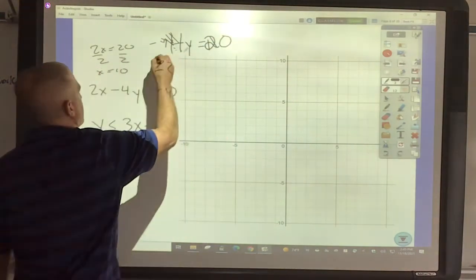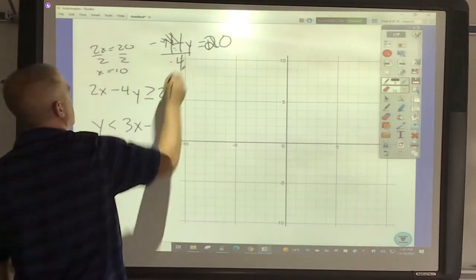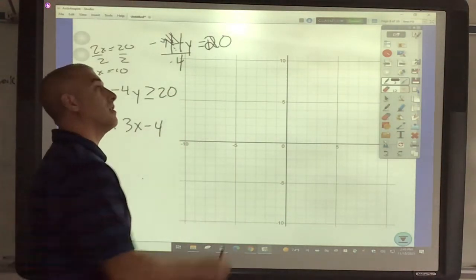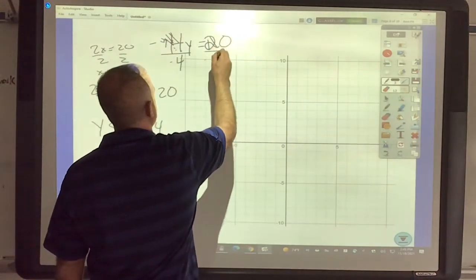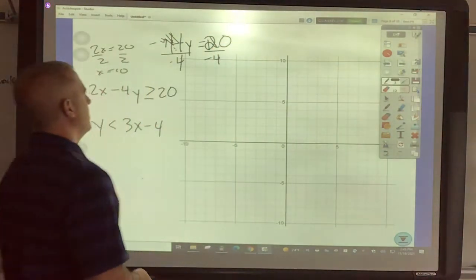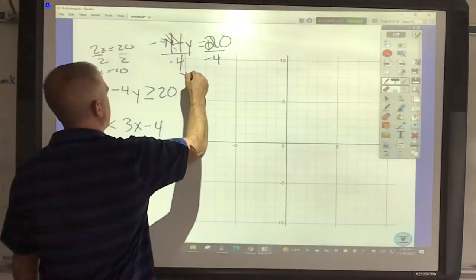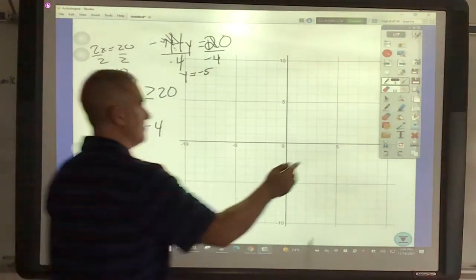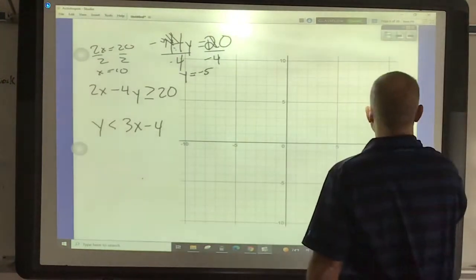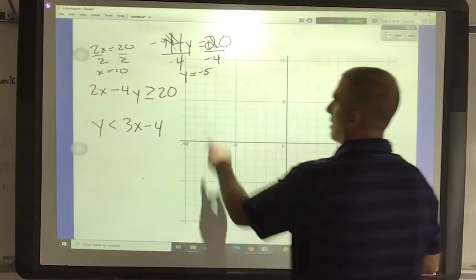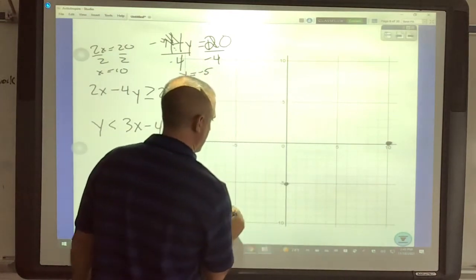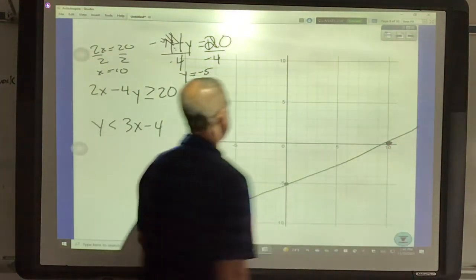Okay, I would want to divide by negative 4. I get y equaling negative 5. Okay. All right, so I got x is 10, I got y is negative 5. Okay, that is going to be a solid line. I don't know why those things are showing up up there like that.